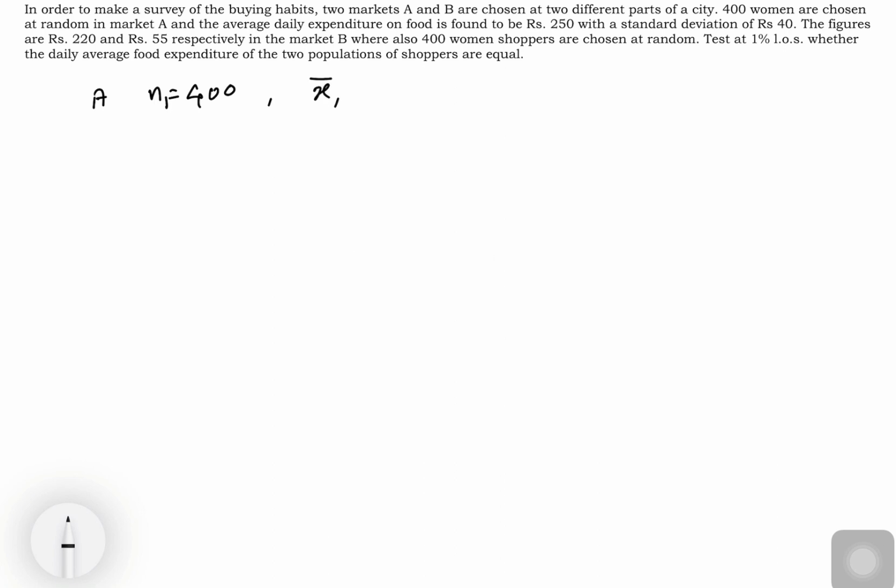So x1 bar is equal to 250 with a standard deviation of S1 equal to 40. Okay, the figures are rupees 220, that is x2 bar is equal to 220 and S2 is equal to 55 respectively in the market B, where also 400 women were chosen. So N2 is also equal to 400.